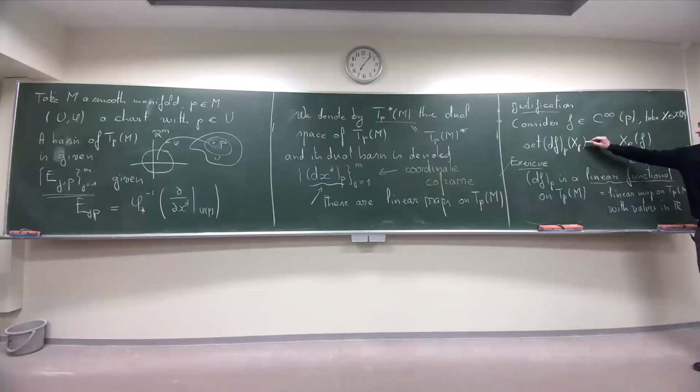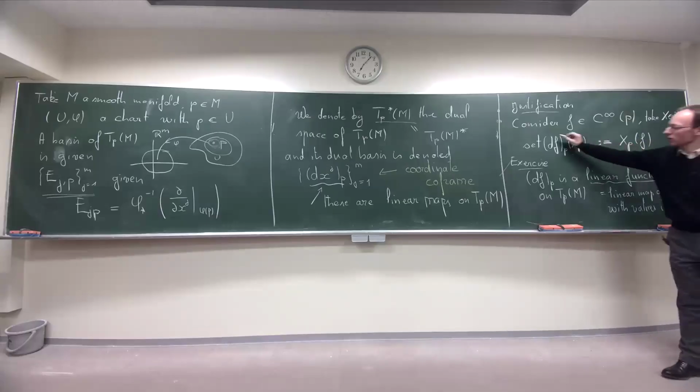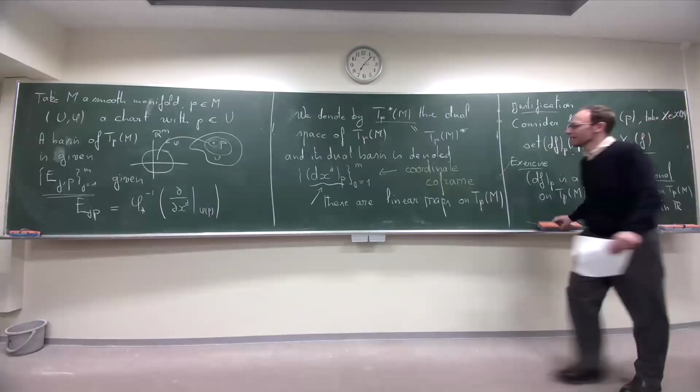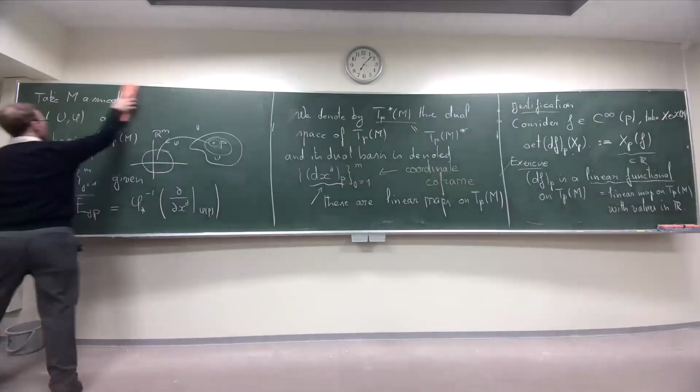Take a linear combination, so take Xp plus lambda Yp, then you have it here, but we know precisely that it has this property: Xp plus lambda Yp applied to f is Xp applied to f plus lambda Yp applied to f. So it's exactly a linear map on the tangent space. I just changed my point of view. Now, instead of writing Xp of f, I define a new object applied to Xp. You just change your point of view, and this is very convenient.